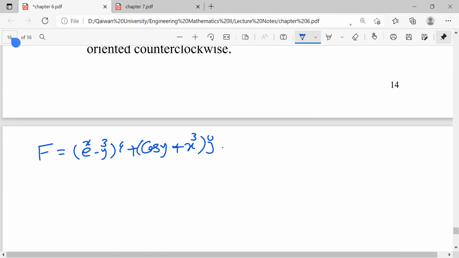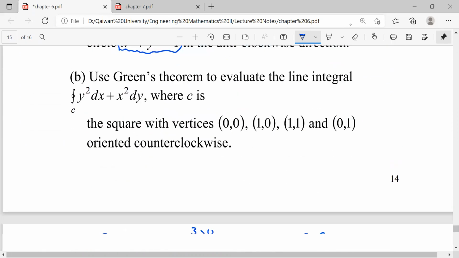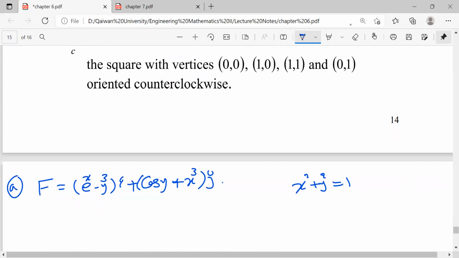It's over this unit circle, x squared plus y squared equals 1. To find the line integral, or to find the work done, this is part A, I mean example A.